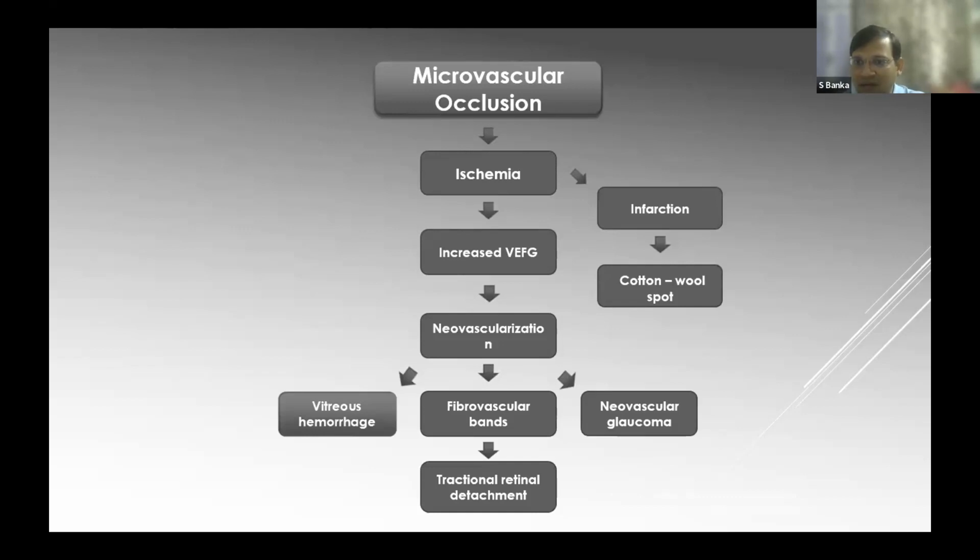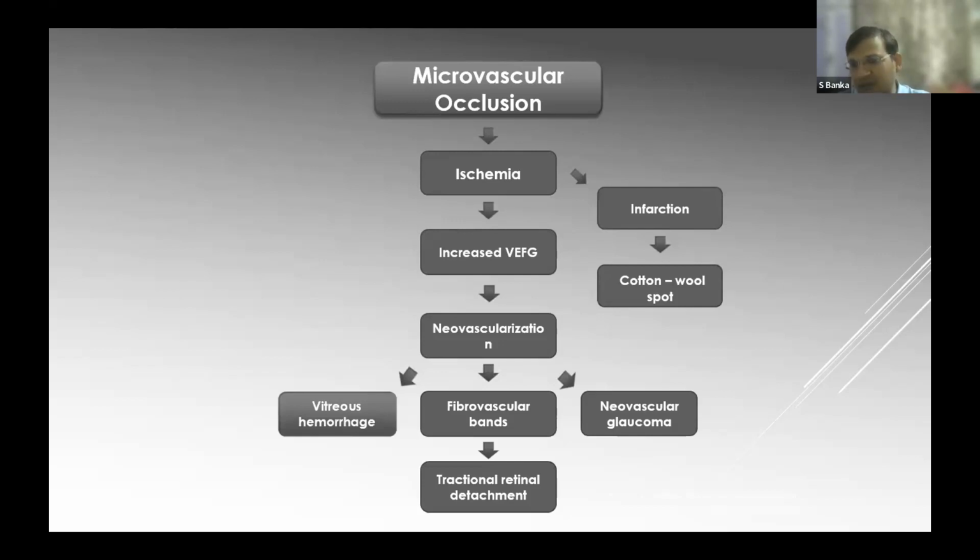Now, this vascular endothelial growth factor, as I had told previously, is responsible for neovascularization or angiogenesis. These new blood vessels, which are formed on the surface of the retina, are quite fragile, and they can sometimes lead to spontaneous hemorrhage, leading to vitreous hemorrhage, which again will cause decreased vision.